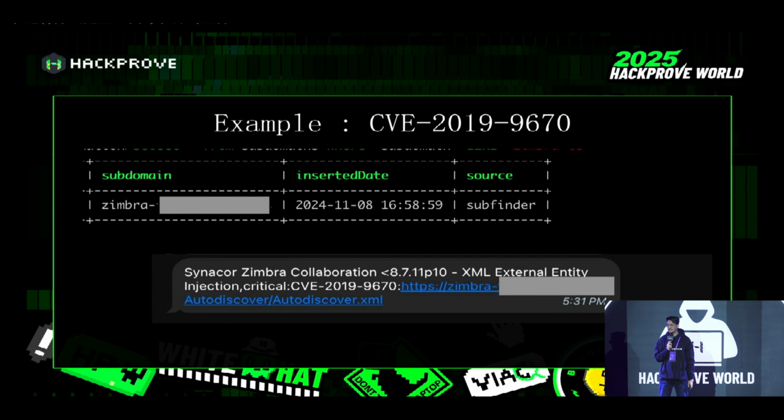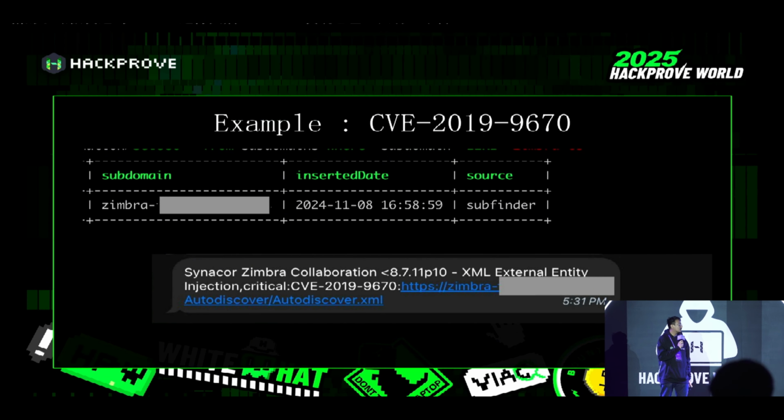Now, moving towards an example of a vulnerability I found with continuous monitoring. So it was November 2024, at around 5 p.m. My automated Subfinder scanning found a subdomain, and as part of my vulnerability scanning process, new subdomains are sent to Nuclei for scanning, and Nuclei found that it had an XXE vulnerability.